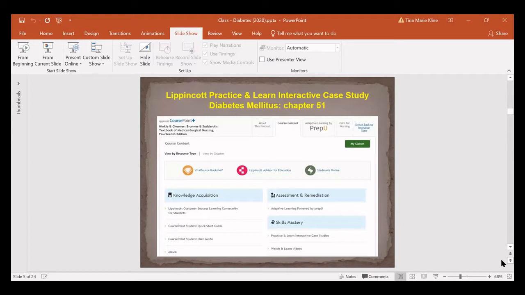I'm not going to take you into the interactive case study. You guys can take a look at that on your own. There's actually several interactive case studies in relation to diabetes, so I do strongly recommend that you go in and look at those. There are several questions in there, both multiple choice, select all that apply, and there's some short answer items in there.